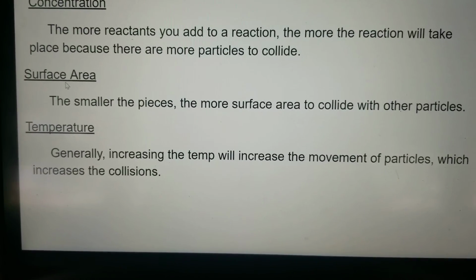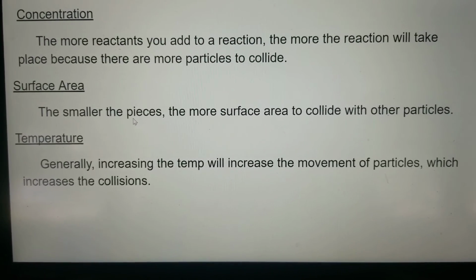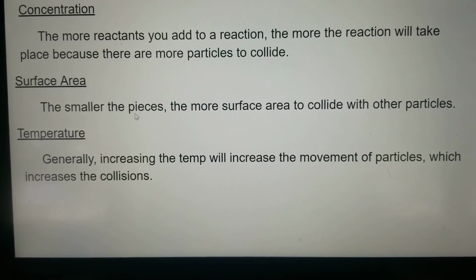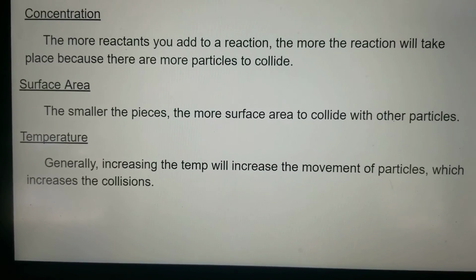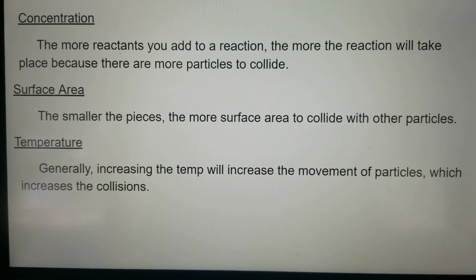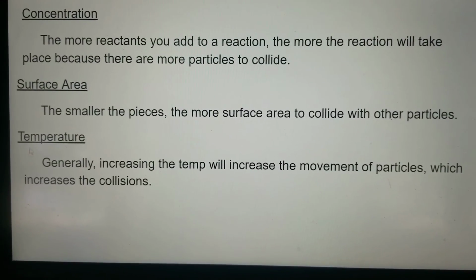The third factor is surface area. If you have a large piece of sugar, for example, if you've ever made Kool-Aid and you're dissolving sugar into the pitcher, you'll notice that it takes a long time for it to dissolve because it's a big chunk. It has a large surface area.